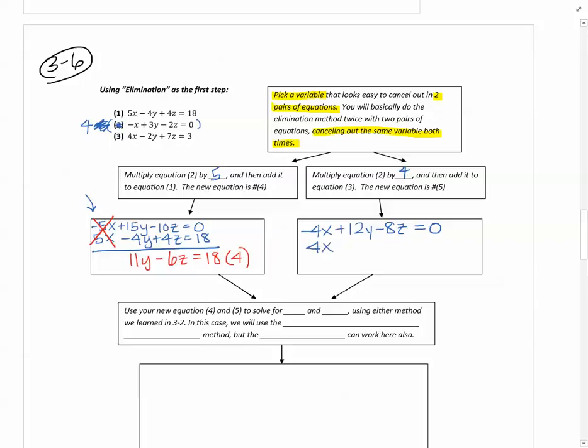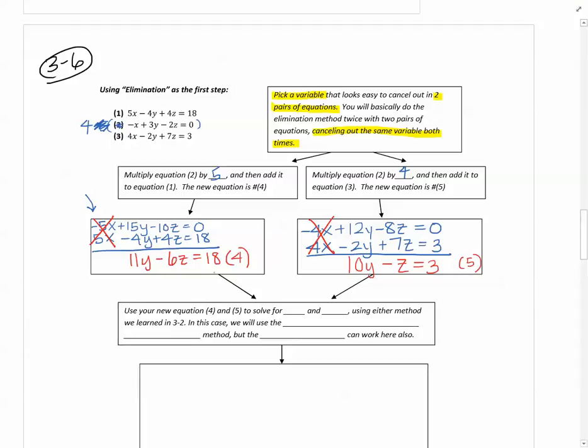So I have 4x minus 2y plus 7z equals 3. Then I'm going to add those two equations together. Again, the x's cancel. That was my goal. And I have 10y minus z equal to 3. This is equation number 5.